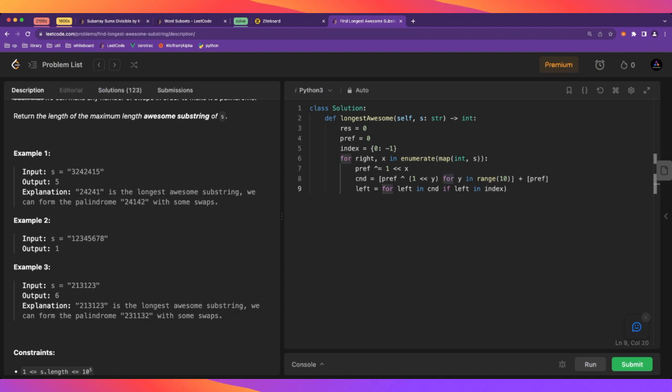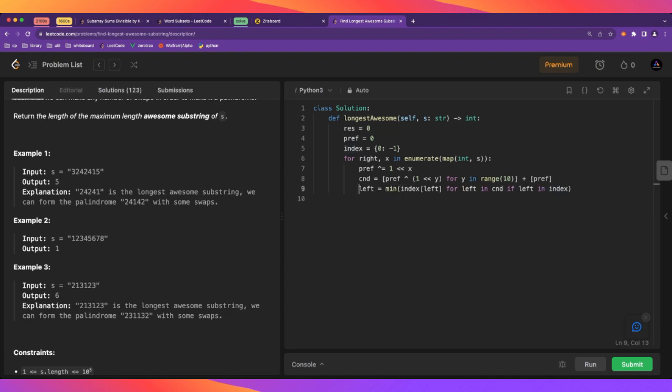So that means that we don't have to handle a special case where there is none. And here we want the corresponding index, and we want the minimum. That's going to give us the best left for this right. So now we just get the minimum, and the answer is right minus left.